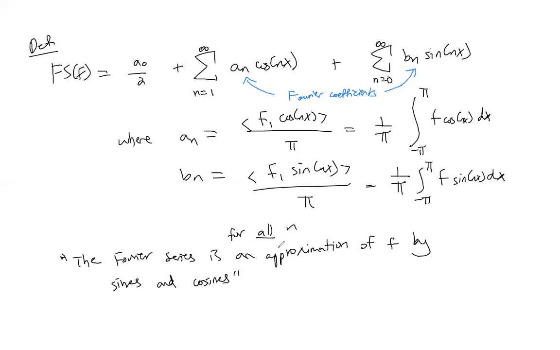Okay, so that's the formula, which is all well and nice, but maybe we should do an actual example. So that'll be nice. So let's compute the Fourier series of f of x equals x.